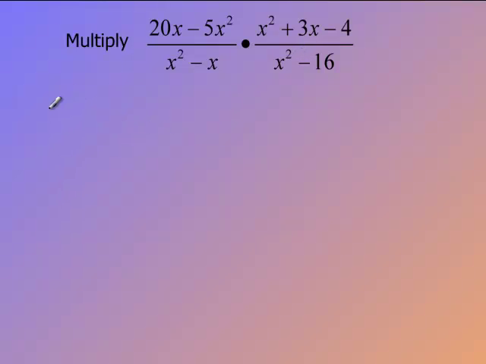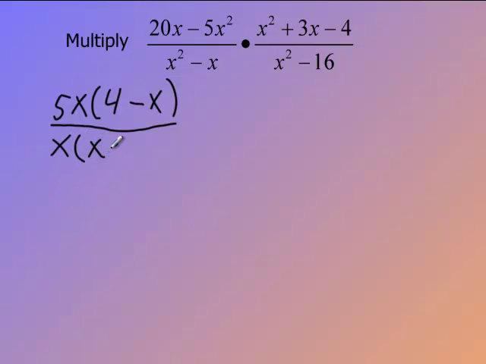So let's do that. The first thing, look for a GCF. I can pull out a 5 and an x, which would leave me with 4 minus x. In that denominator, I'm going to pull out an x, leaving me with x minus 1.